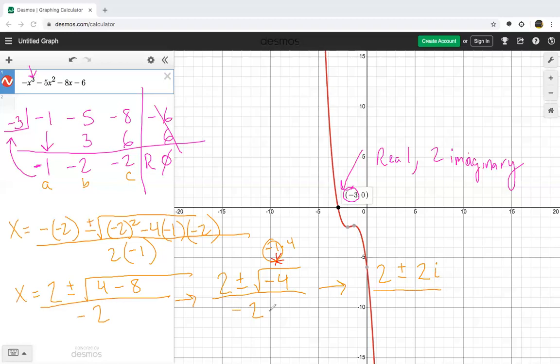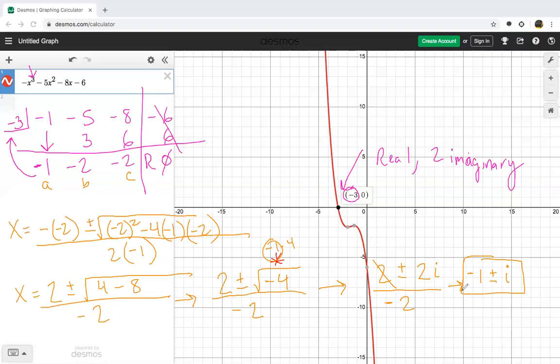All of that is divided by negative 2. So now, to get our solutions, we'll divide by negative 2. Negative 2 goes into 2 negative 1 times, plus or minus. Negative 2 goes into 2, really negative 1, but that's already accounted for here, so just 1i. So that is our solution.